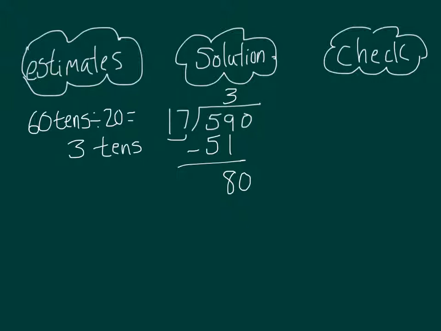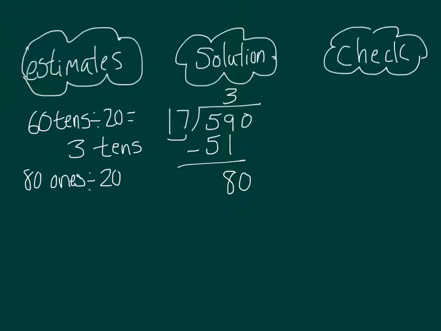Again, we're going to estimate how many groups of 17 can we get out of 80 tens. Let's decompose this into 81s and do our estimate again. So we've got 81s divided by 20 still. Let's round up, makes it easier.